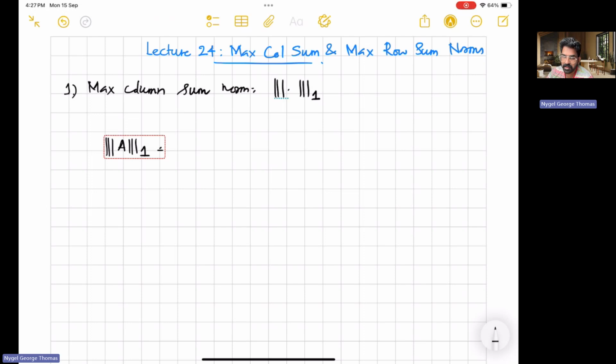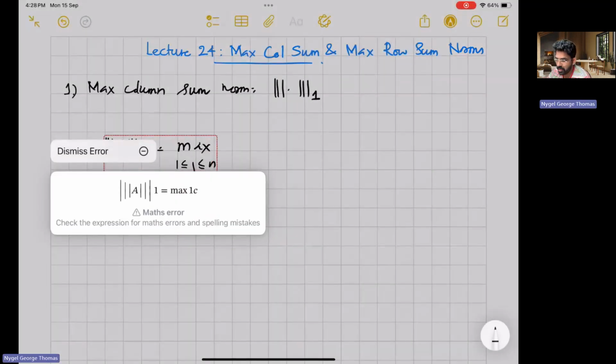This is equal to max of, so we are looking at different columns, right? So the columns are actually indexed by j.